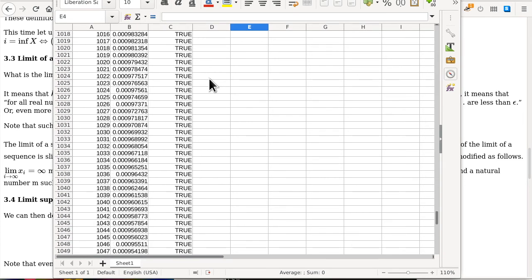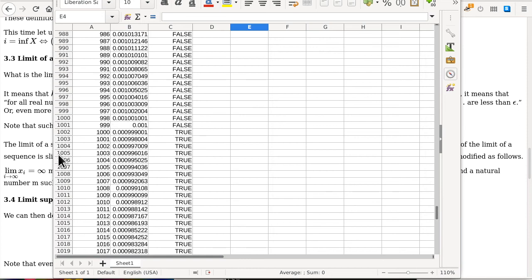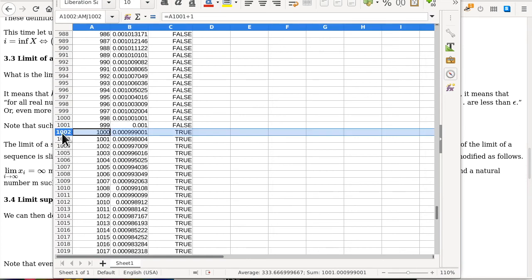That's all epsilon needs to be. So in this case, I just found my index. M has to be 1000 in order for x of m and everything after that to be less than epsilon away from zero.